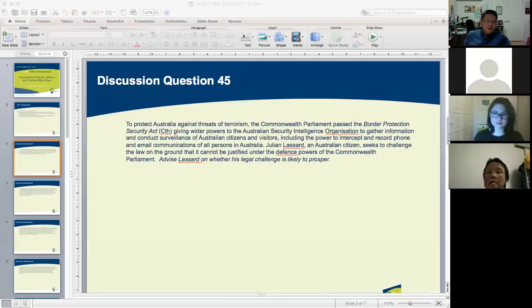And in this case, it's quite clear that this is about the defence of the Commonwealth. So why would it be invalid? That's my question there.